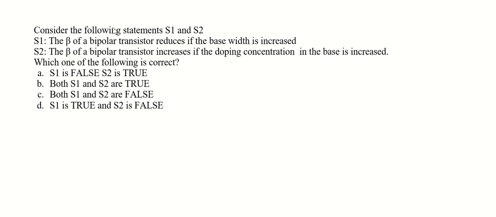Next question is, consider the following statements S1 and S2. The first statement is that the beta of a bipolar transistor reduces if the base width is increased. The second statement is that the beta of a bipolar transistor increases if the doping concentration in the base is increased. Which one of the following is correct? We know that beta equal to IC divided by IB.